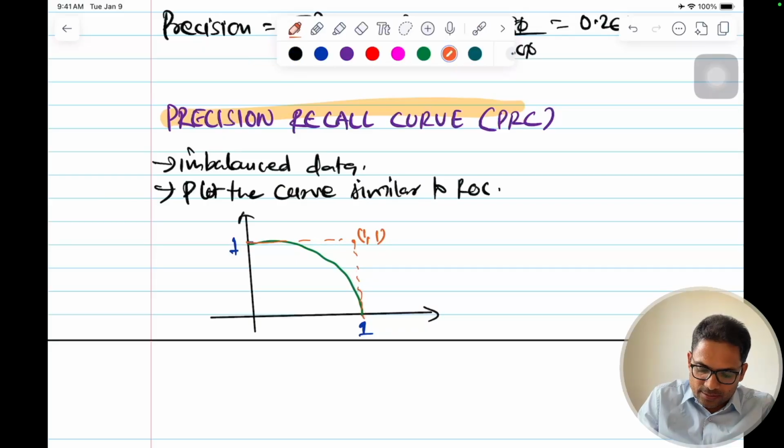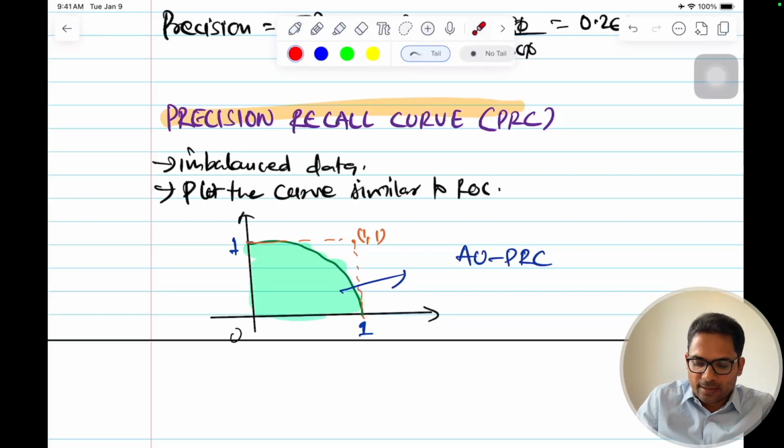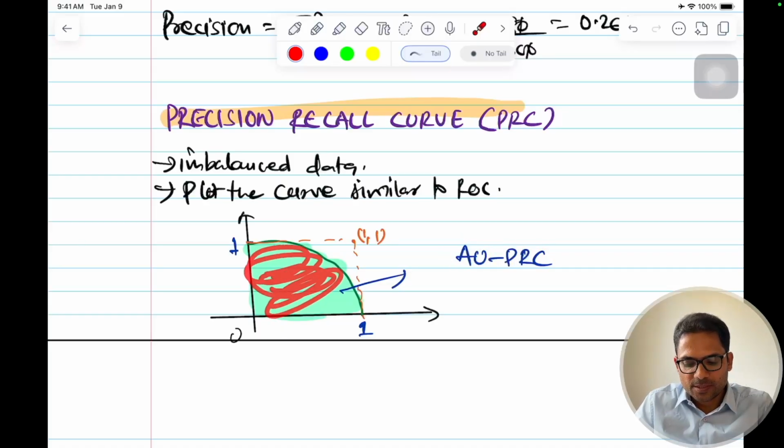This will be the 0 point, and the area under the curve, sorry, let me use another color. So this area under the curve, similar to that, is called area under PRC, or area under precision recall curve, this area here.